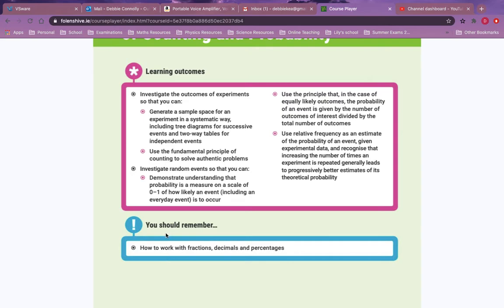This blue box is what we call prior knowledge. It's knowledge that we hope that you have, or that you would need to have, before doing this chapter. You would need to know how to work with fractions, decimals, and percentages to be able to do this chapter. It's on the primary school curriculum, so you've all done work with them.